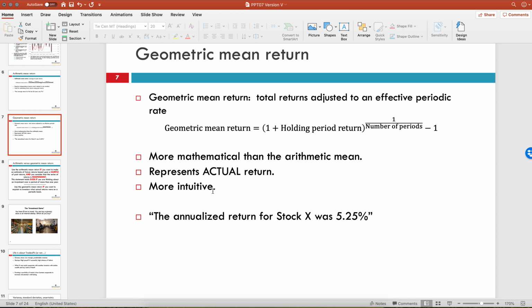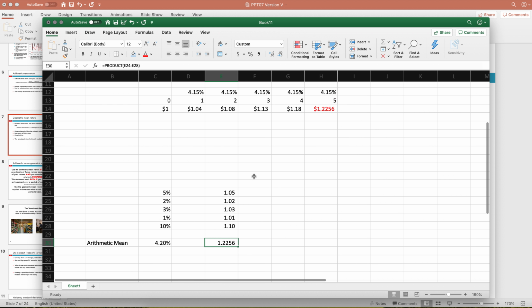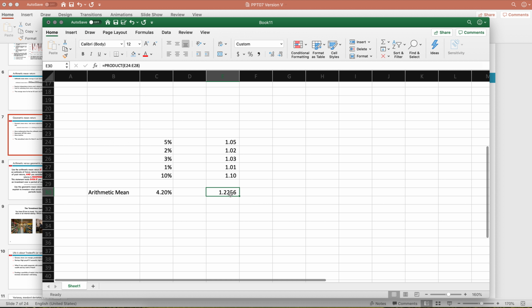The geometric mean is exactly kind of what we did before. So if we did equals 1 plus that, let me put this back in number terms. You can use product. And notice that it will give you the same $1.2256 that we did before.